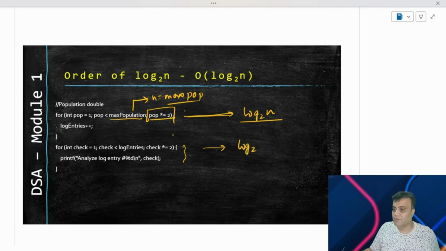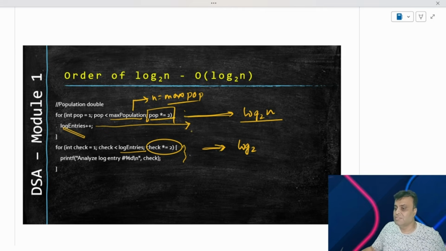Because of course you have the same thing here, which is star equal to 2. But what is happening here? The special thing that is happening here is that it is dependent on log entries. And log entries is what you are getting here.